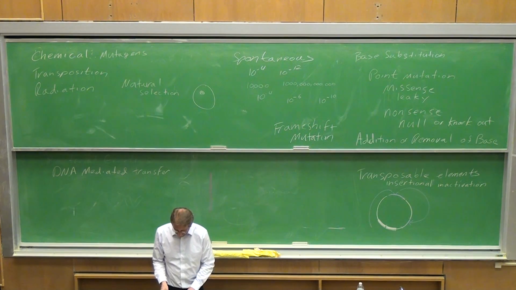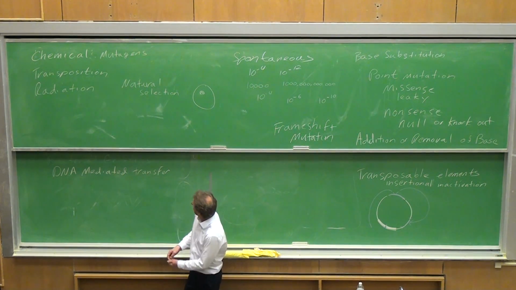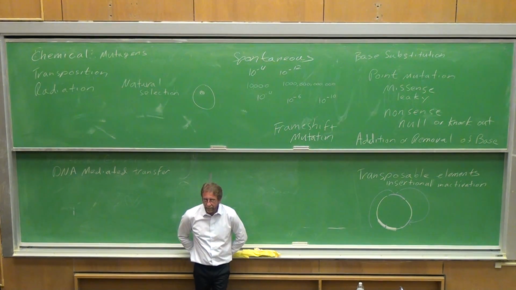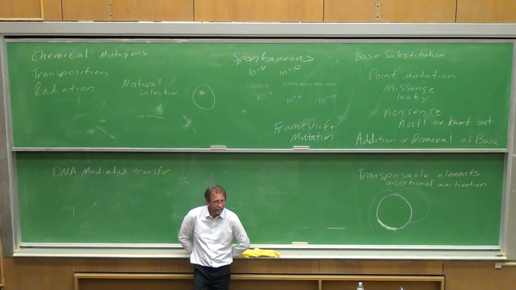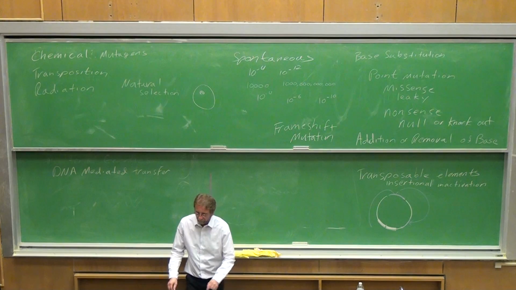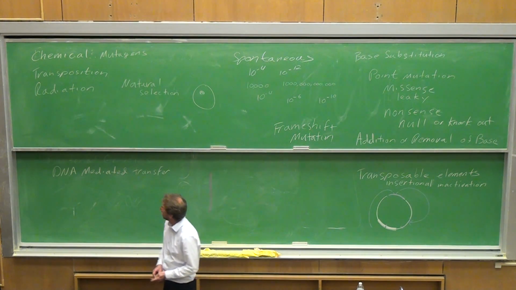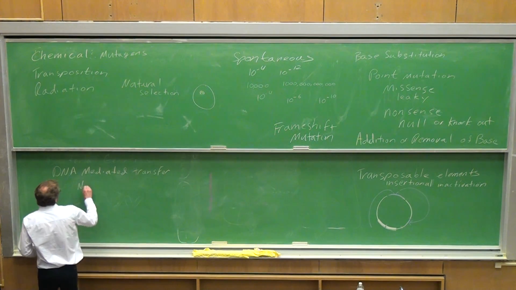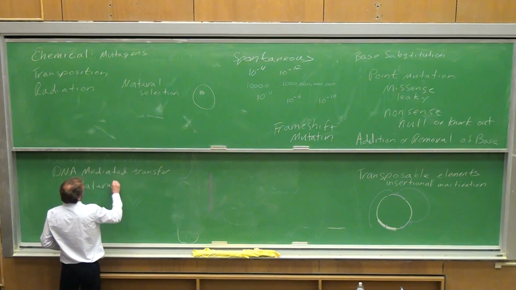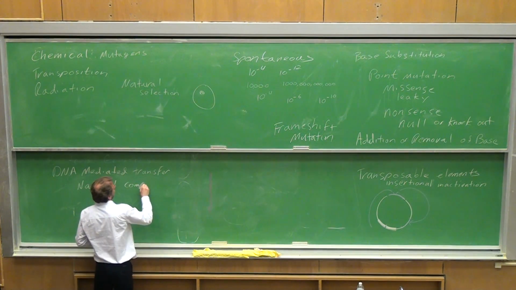DNA-mediated transformation or transfer is what happens when a cell picks up DNA that is freely floating in the environment. Picking up naked DNA, if you will. Some cells have a natural competence for this.